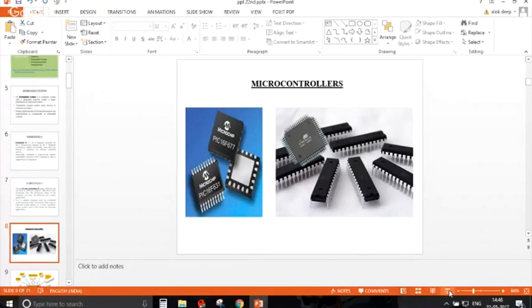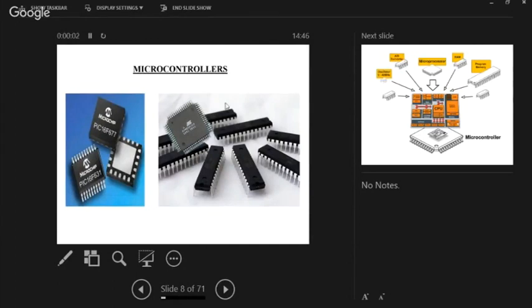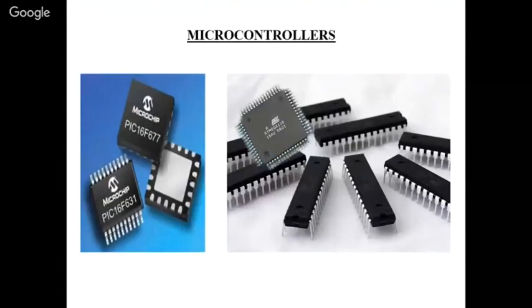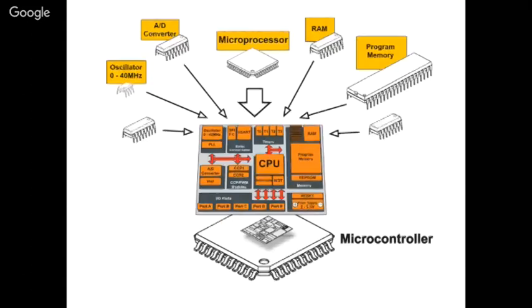Now I am going to the microcontrollers. On the slide you can see the microcontroller. You know the microcontroller is a computer on a chip. You know all these things, so I do not need to go deep.